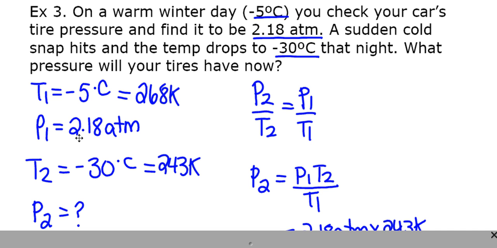Pressure is in atmospheres. It doesn't say we need a particular unit, so that's fine, 2.18. And our T2 we need to change to Kelvin, so it should be 243. And then we're trying to solve for P2.